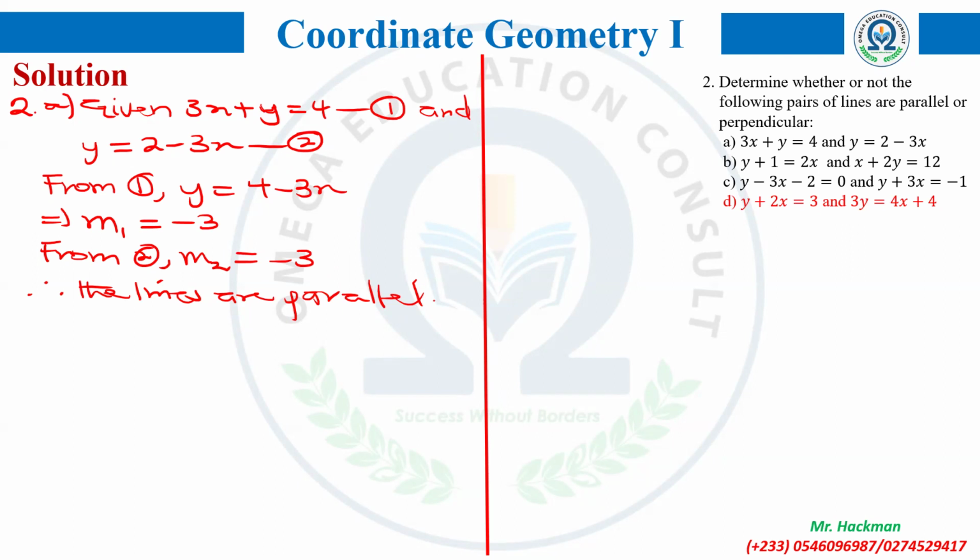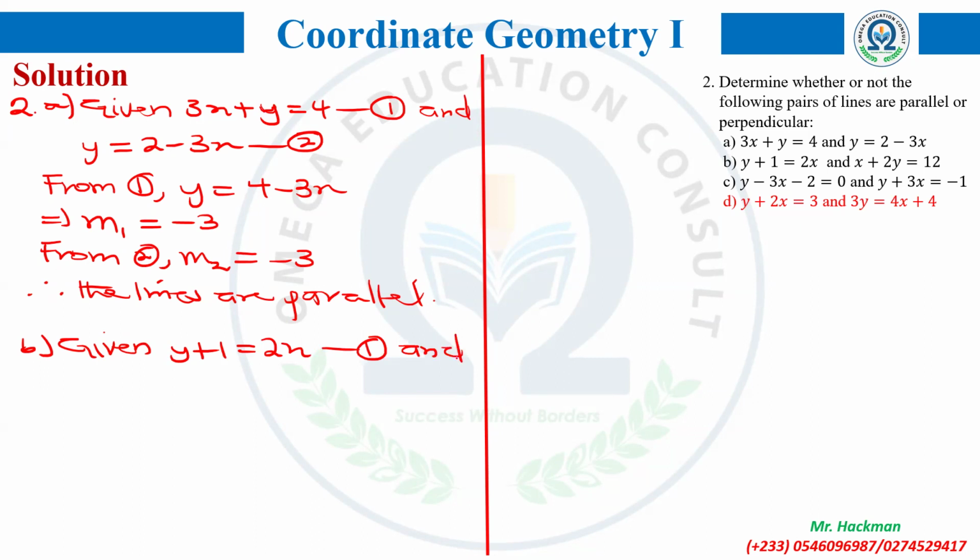Yes. Okay, so maybe we'll do one more and we're done. The other question you should be able to do. So part B, what are we given? We've been given y plus 1 is equal to 2x. That will be my equation 1.